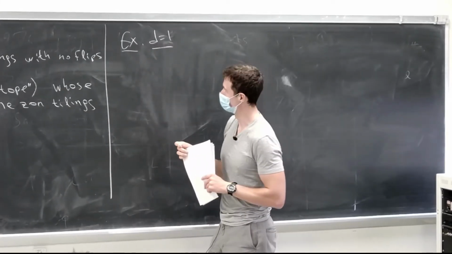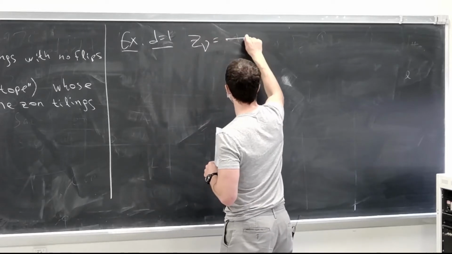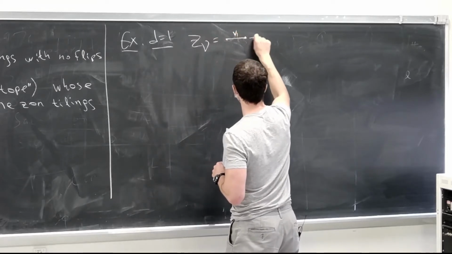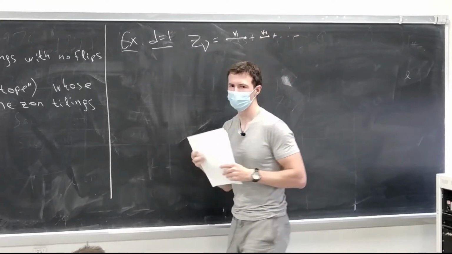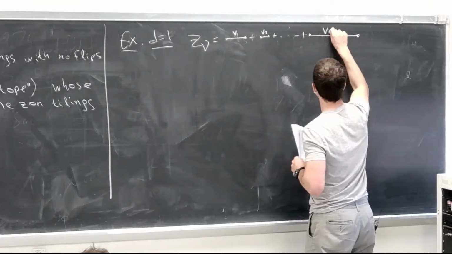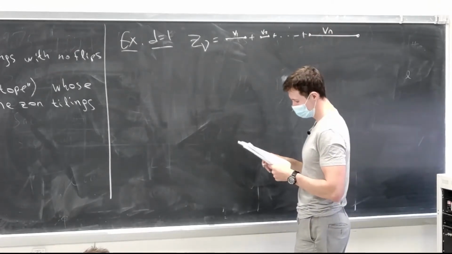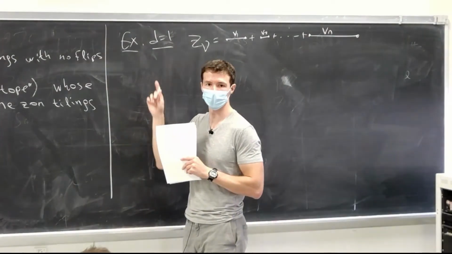When d is equal to 1, my zonotope is a Minkowski sum of a bunch of line segments. How many fine zonotopal tilings does this have?